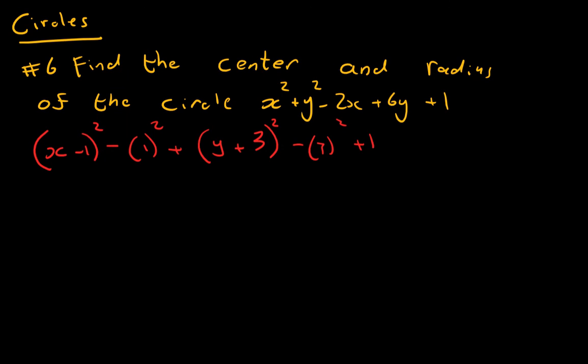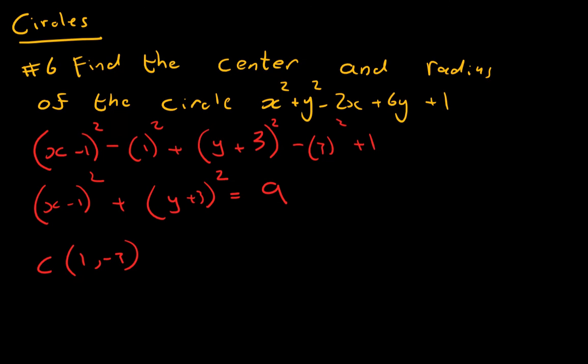Let's tidy this up. I hope you can see by inspection that the coordinates are 1, -3, and we've got a radius, the square root of 9, which is 3. I hope this helps.